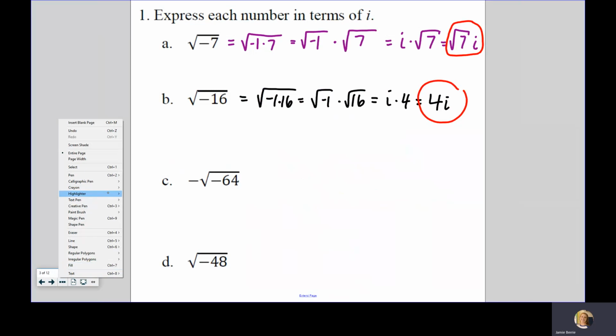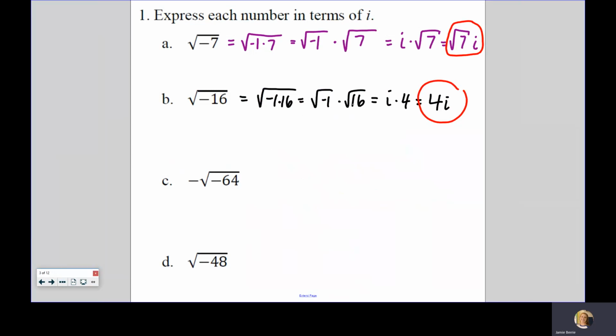All right, next, from now on, we'll just simplify some of this in our heads. We'll know that if we see a negative, that means an i is going to pop out front. So we have negative square root of -64. All right, so that negative in the front is just going to tag along. We know that the square root of -64, i is going to come outside.